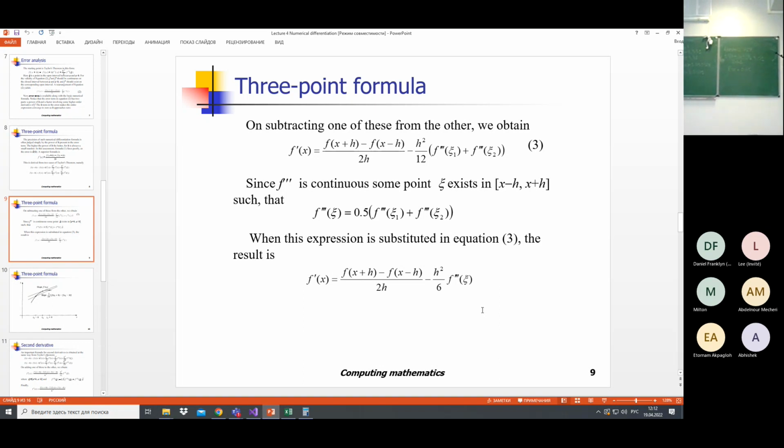This is the error term of this differentiation formula. Well, next week we discuss the second derivatives, and we consider how to find the formulas for numerical differentiation of the second derivative.